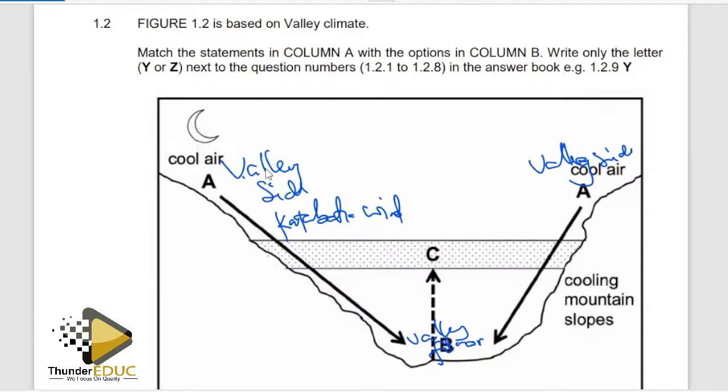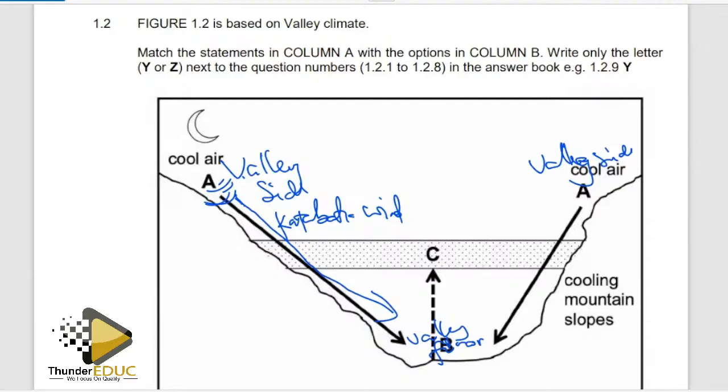Because of that, the valley sides get excessively cold, and the air immediately above them is cooled and becomes denser. Because of gravity, the air tends to move down to the valley floor.